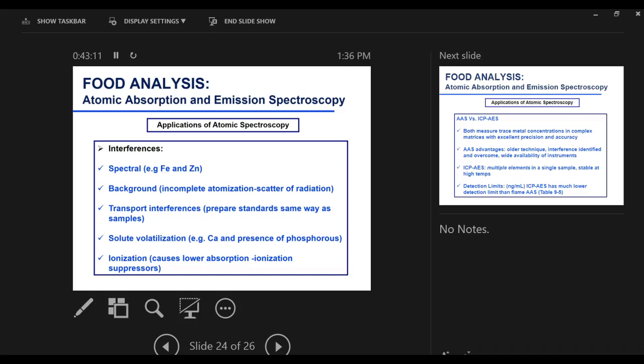Another reason for underestimation, not necessarily an interference, is volatile elements. Iron and zinc are volatile. During ashing, we have to be really careful not to induce volatilization of volatile elements, because iron is very volatile, and one of the reasons for underestimation is loss of iron during ashing.